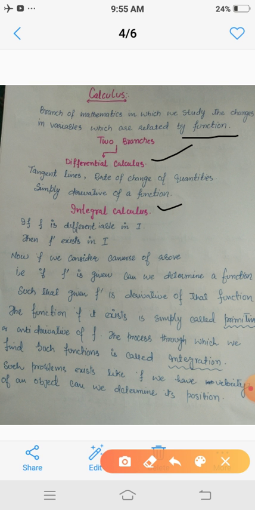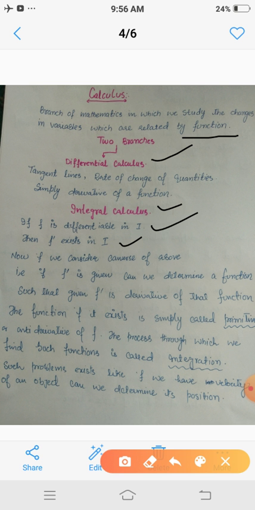Now in differentiation, the function is given, you need to find its derivative. That is, if f is differentiable in interval I, then f dash exists in I. You can find this f dash by using the process of differentiation.